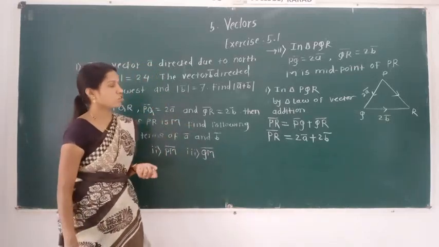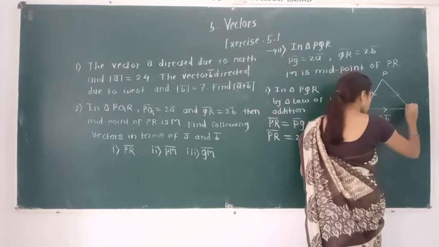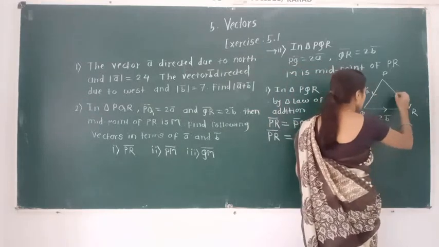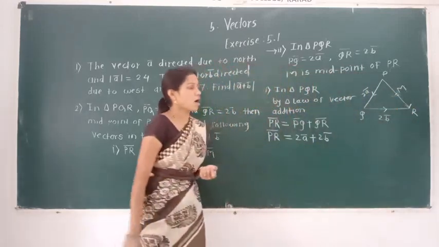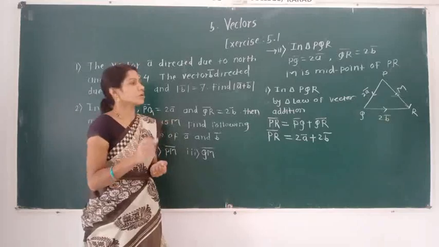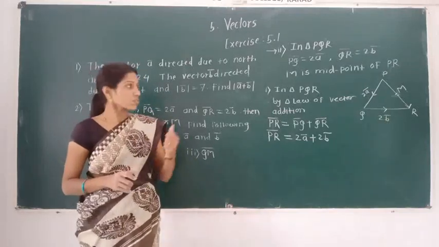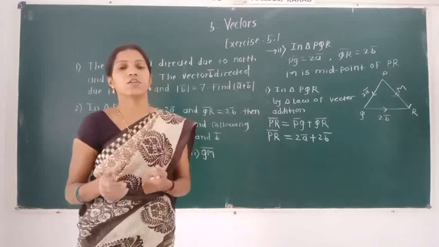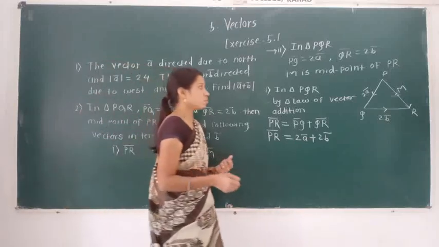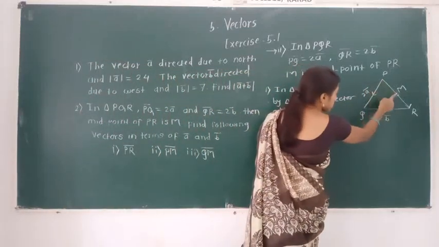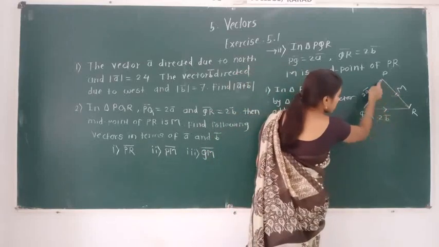In this question it is given that M is the midpoint of PR bar. It means M divides PR into equal parts. The point M divides PR into two parts, and those parts are equal. It means PM bar is half of PR bar.